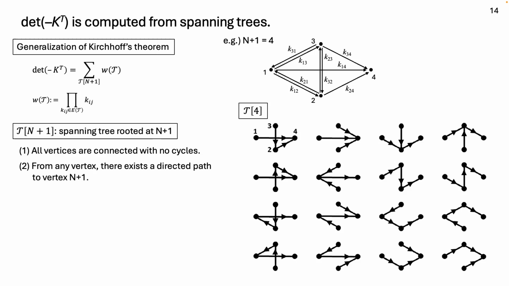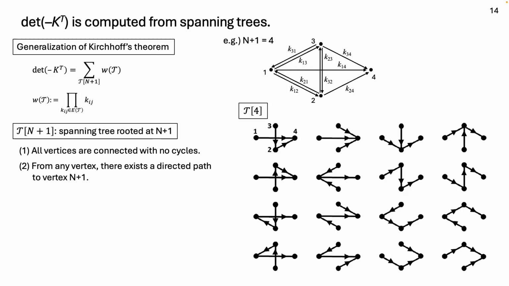If we start from vertex 3, it finally reaches vertex 4. And in this graph, if we start from any vertex, the path finally reaches vertex 4. This is the definition of the spanning tree.